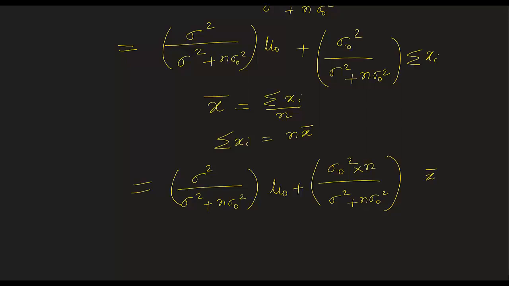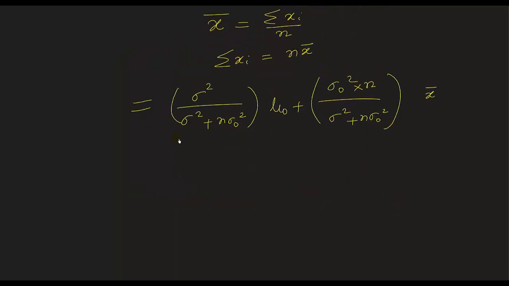So now if you see one important point, this and this, if you sum, then this will be equal to 1. And this is prior mean. So what was that? That is prior mean. And this is nothing but sample mean.